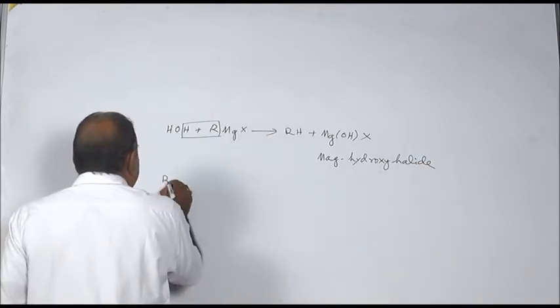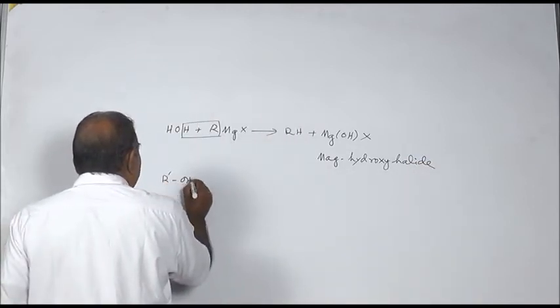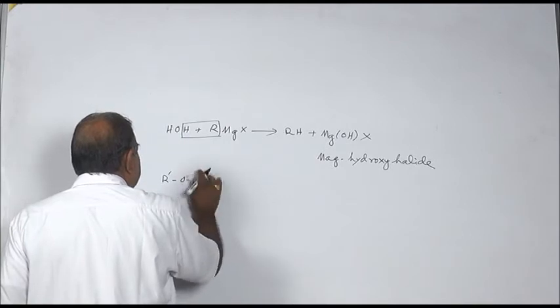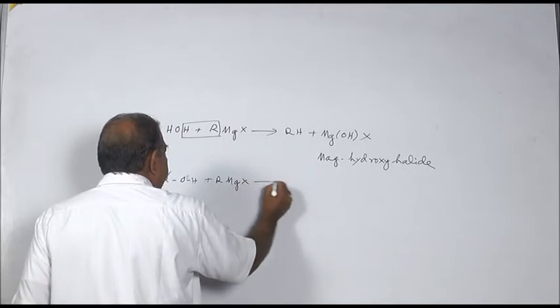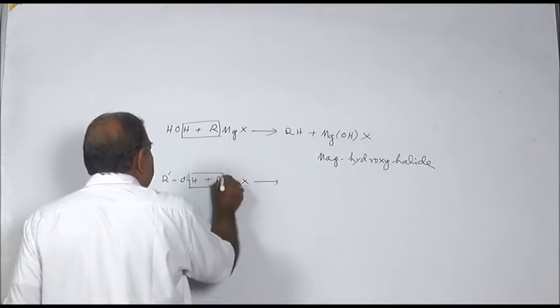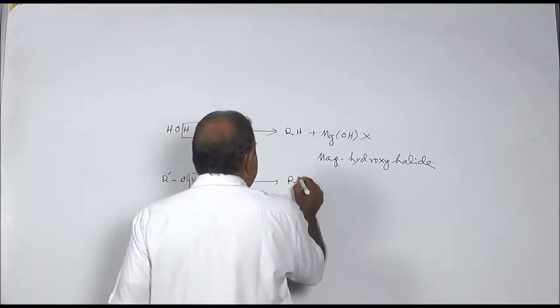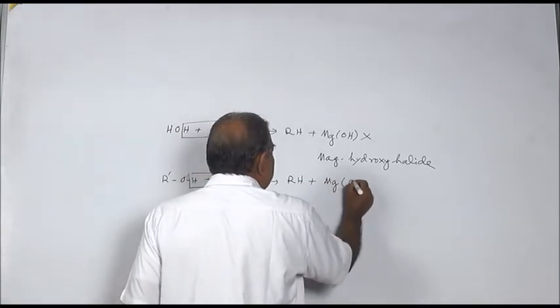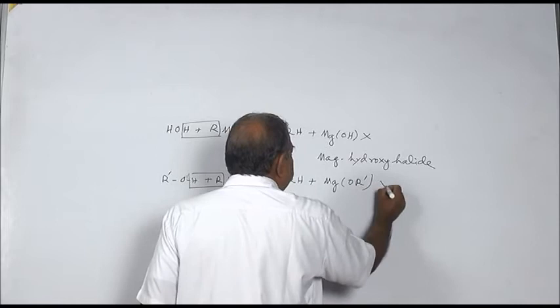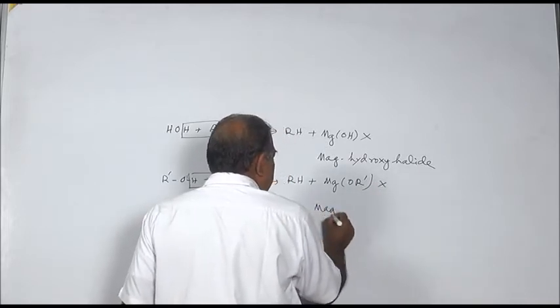Or if you take an alcohol, which also contains an active hydrogen atom, on treatment with Grignard's reagent you will get an alkane, RH, and you get magnesium alkoxy halide.